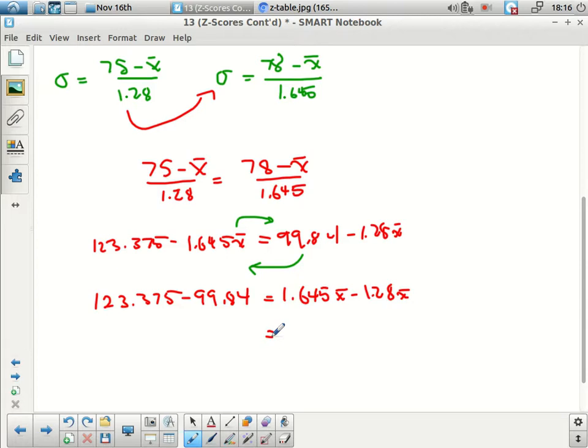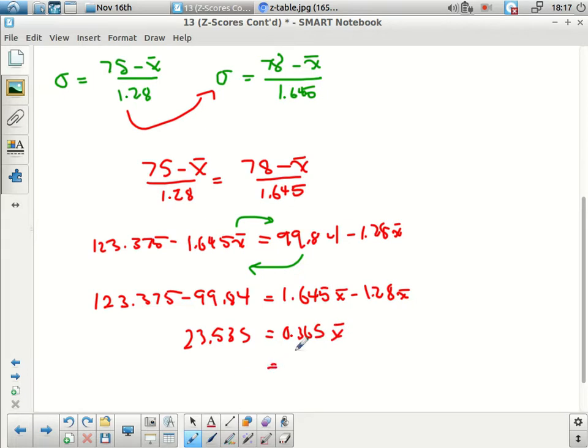So 123.375 minus 99.84, that is equal to 23.535, and 1.645 minus 1.28 is 0.365 x bar.